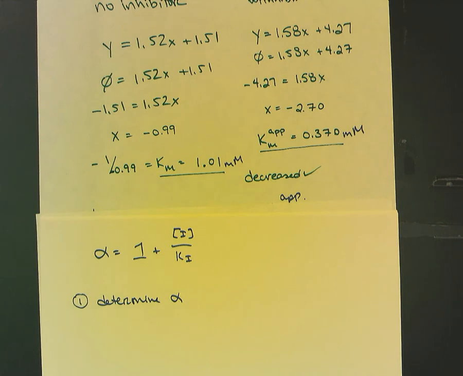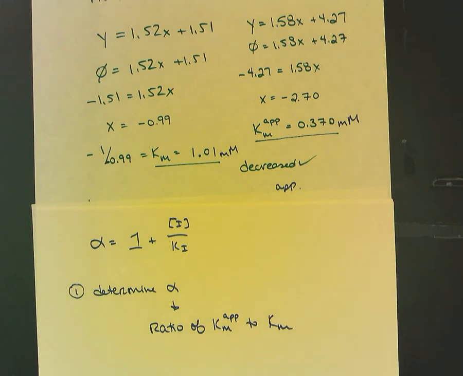To determine alpha, alpha is the ratio of Km apparent to Km. So it's by how much did the Km value change?